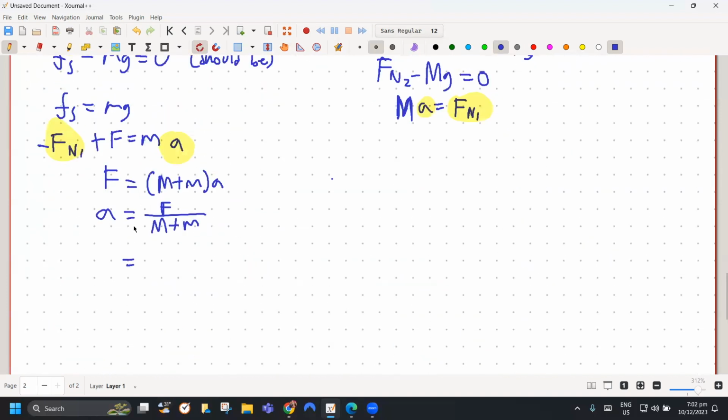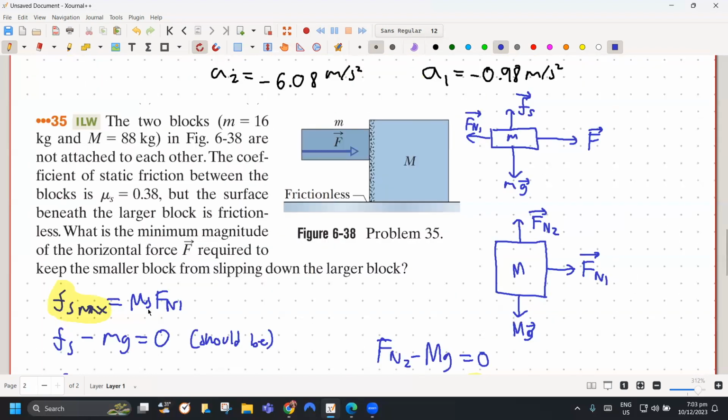Fn1 is equal to big M times, okay, so ngayon alam na natin yun. Huwag ka muna mag-substitute.